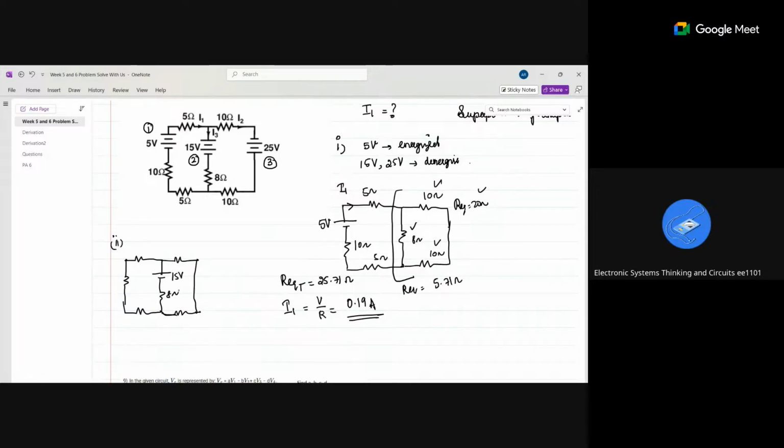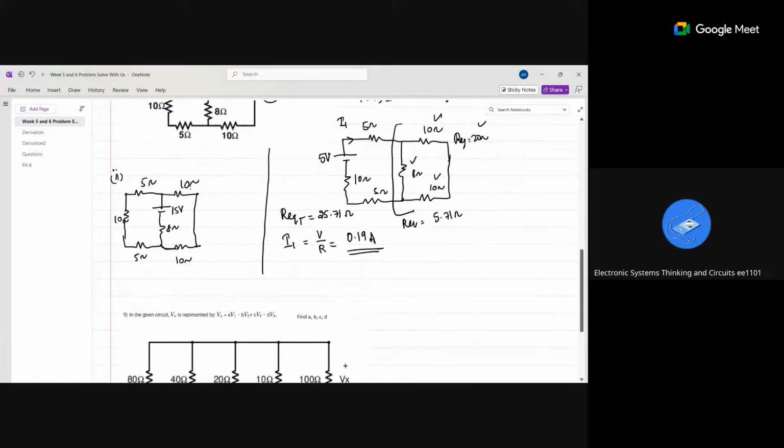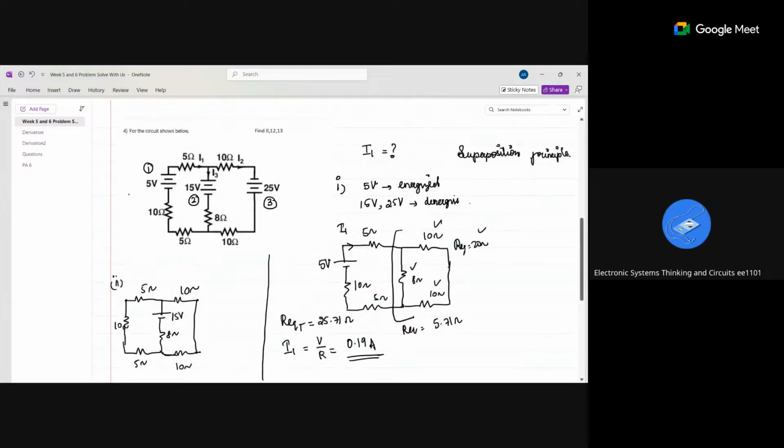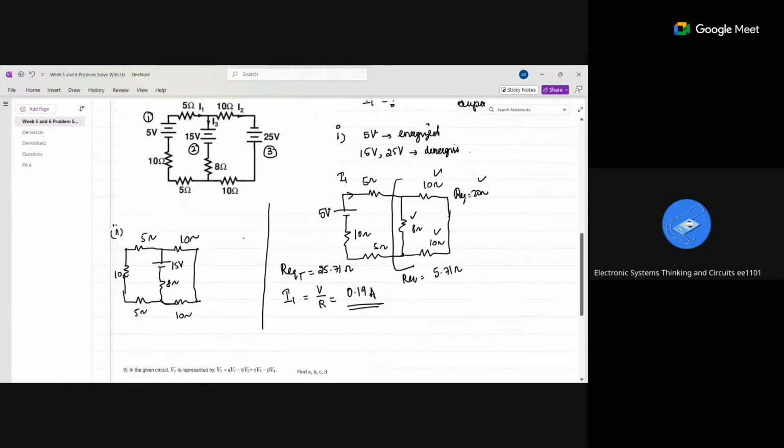Volt, 8 ohms, 10 ohms, here it is 5 ohms, then 10 ohms, 5 ohms, 10 ohms, right? And I have to find the current that is flowing across the 5 ohm resistor.